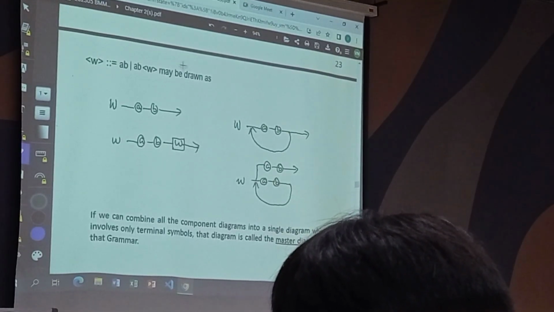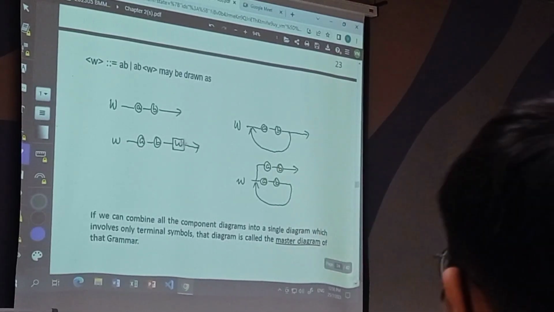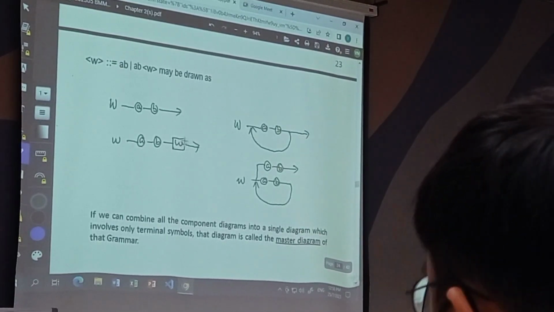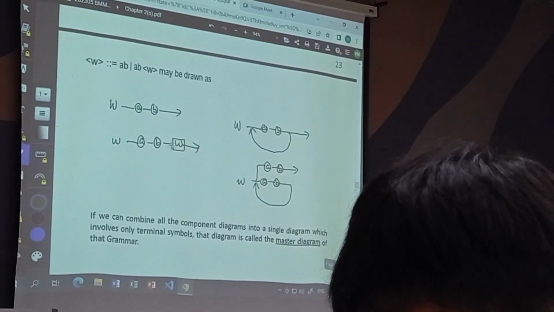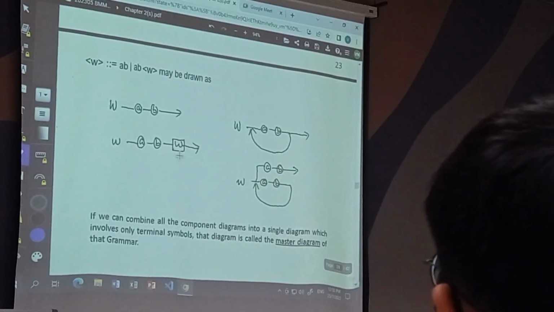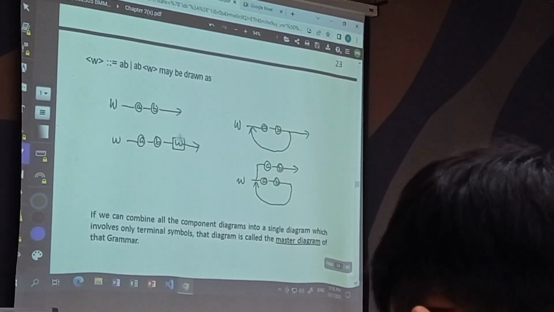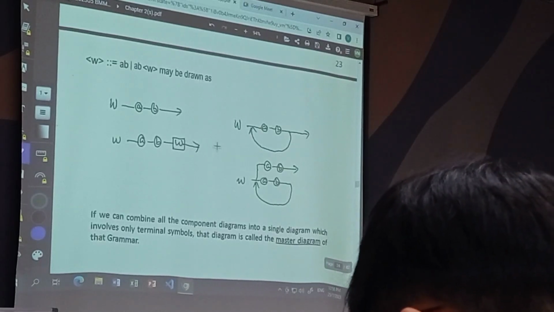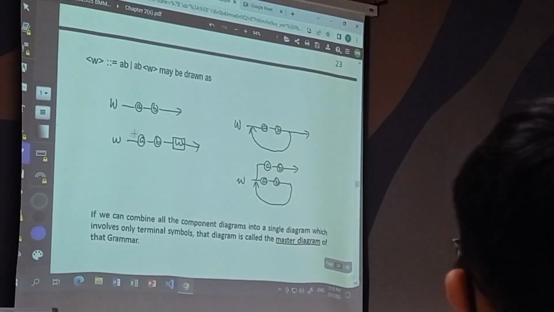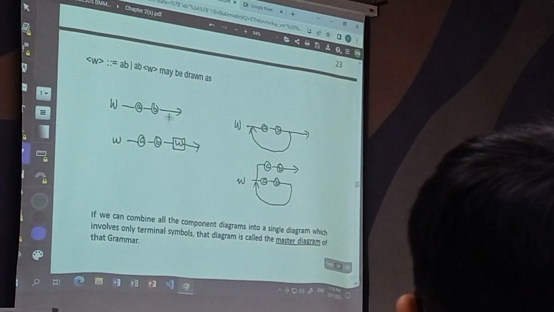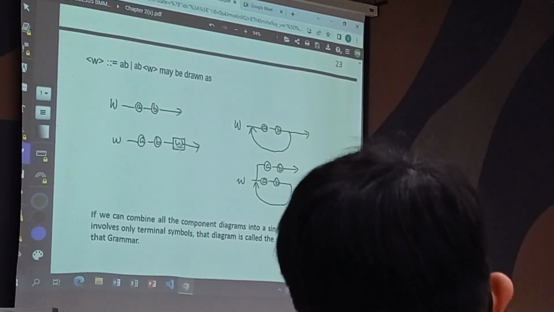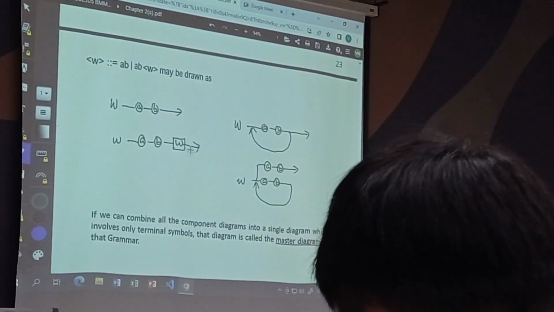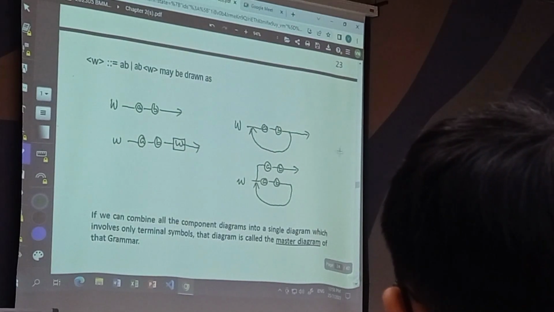Now, in the master diagram, there is no non-terminal. So when you draw the master diagram, you cannot draw the non-terminal inside your diagram. All are only terminals. But for the non-terminal, you need to know the position in order that you can continue one by one.